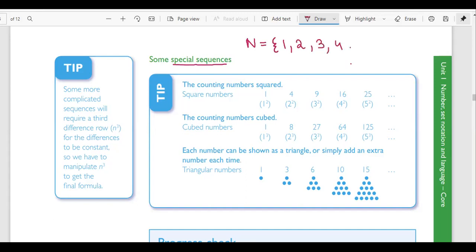All the positive whole numbers are included in the set of natural numbers. So we have been discussing some sets like natural numbers, positive integers, negative integers, and stuff like that.